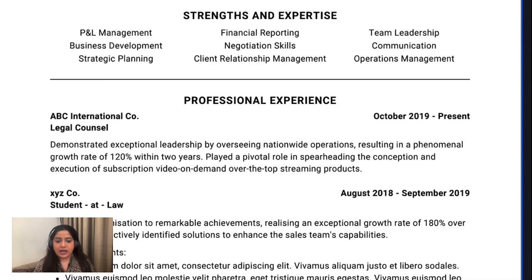And don't overlap all the experiences, even if your roles and responsibilities have always been as a taxation lawyer or a family lawyer. Try and make those experiences sound a little different on your resume, just to give it that impression that you've covered more areas or you've done things more differently, and just to make it not look monotonous.